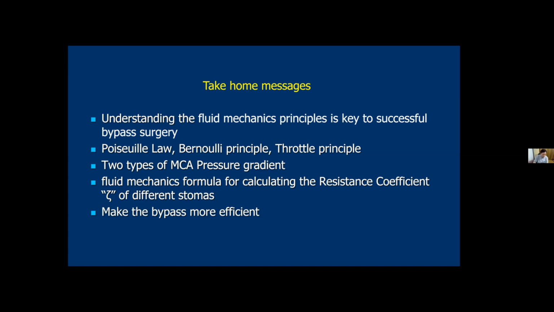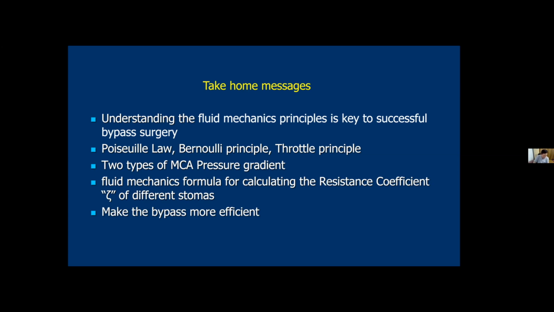vasculopathy, there are two types of MCA pressure gradient. So the parallel bypass is better than the antiparallel bypass. The fluid mechanical formula for calculating the resistance coefficient zeta of different stomas shows that the ovoid stoma is better than the fish mouth stoma.